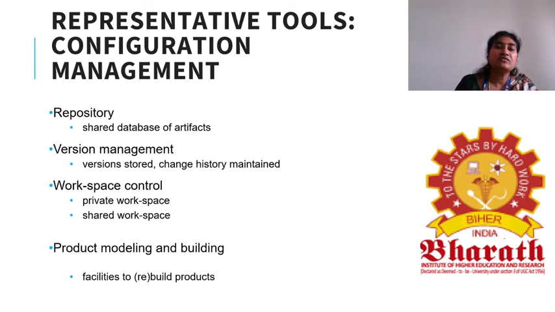These changes may be done any number of times, and every time you make changes to these work products, a new version will be created and stored in the database. As many versions of work products are created, each and every such version will be stored in the repository.